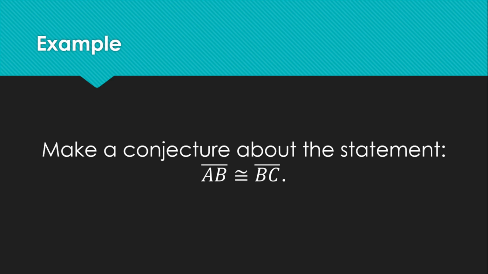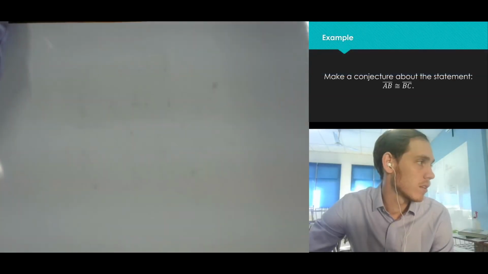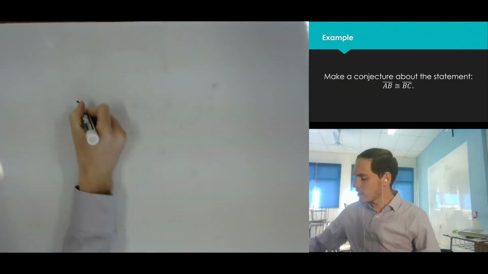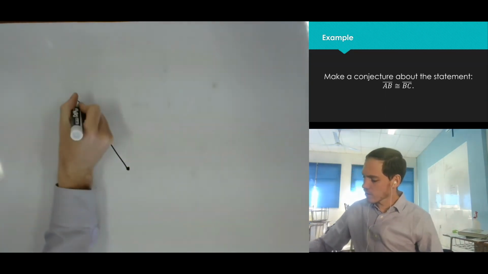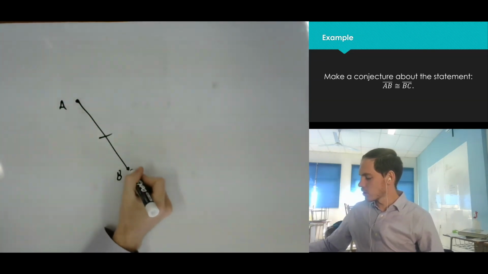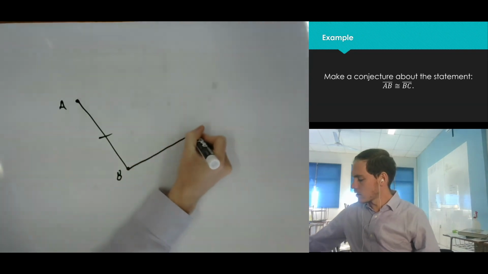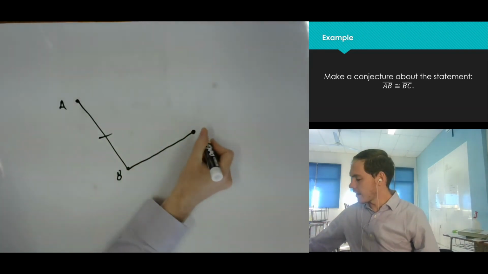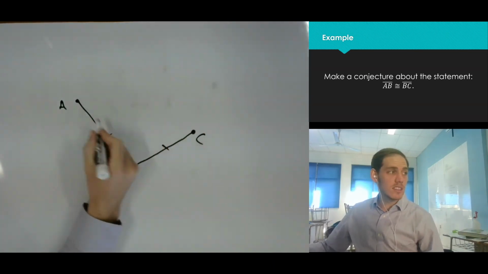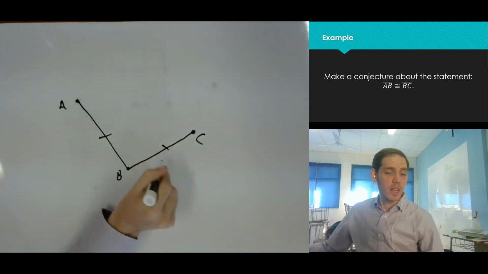Oh, we could draw an easy shape. So if I drew line AB, now this is not drawn to scale, and AC, they're not on the same line.